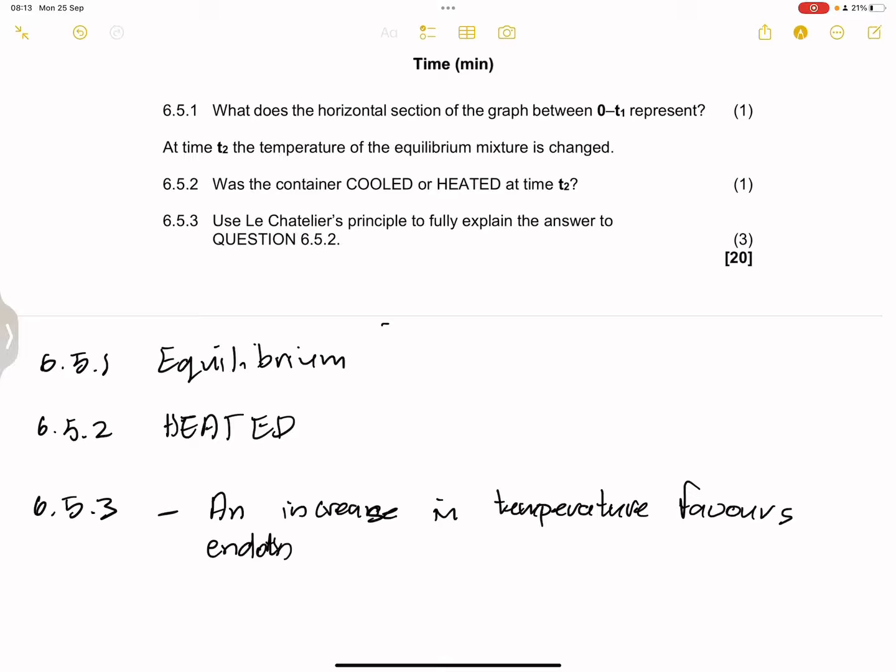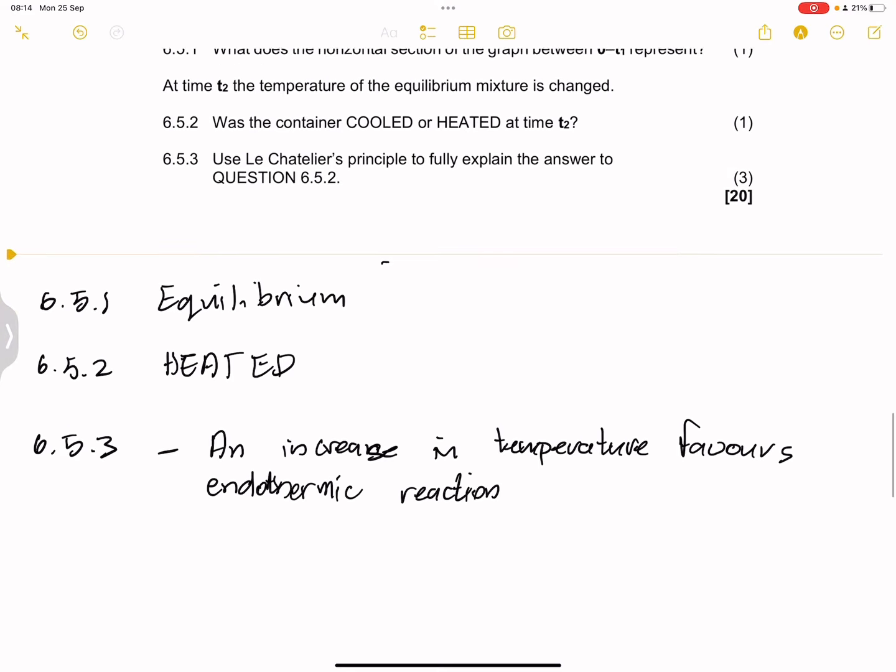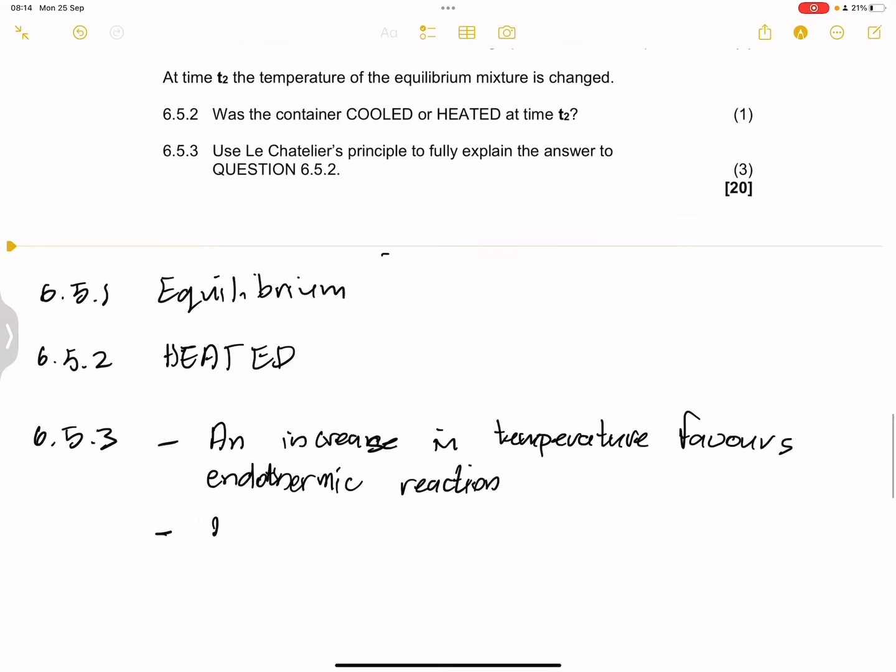This is a statement of fact. The forward reaction is endothermic.